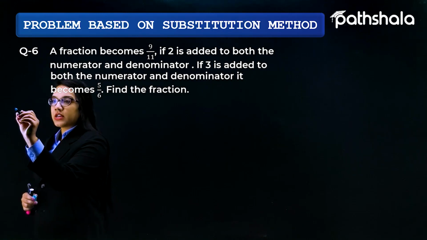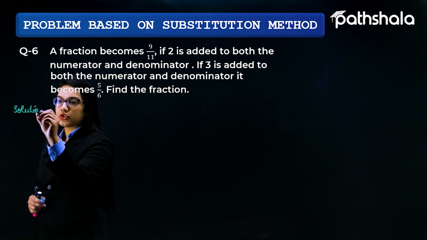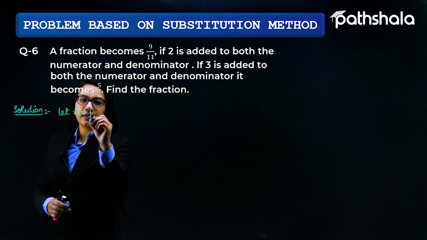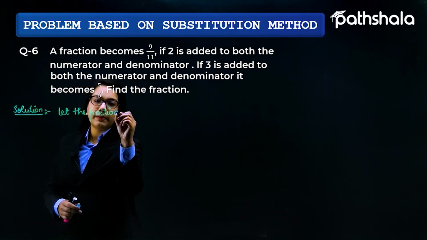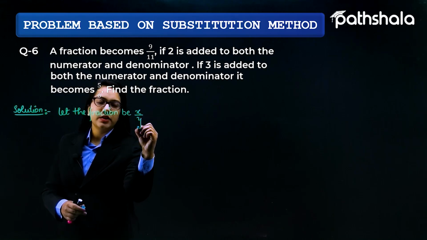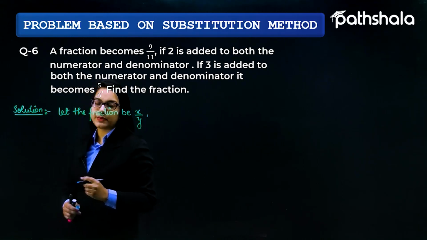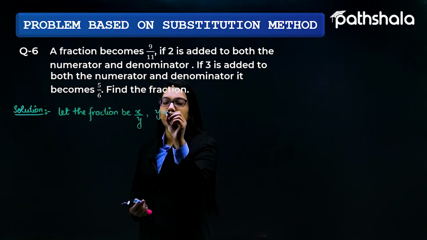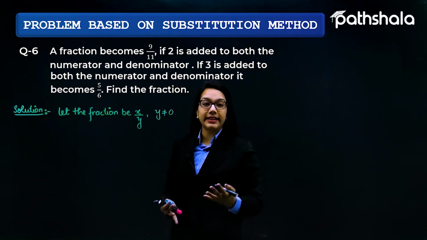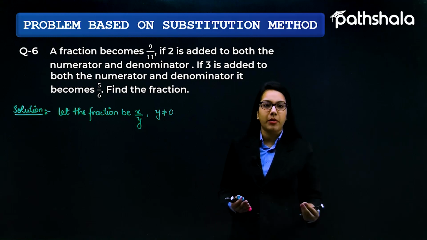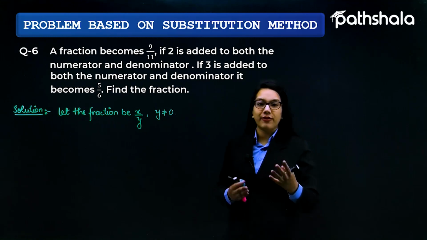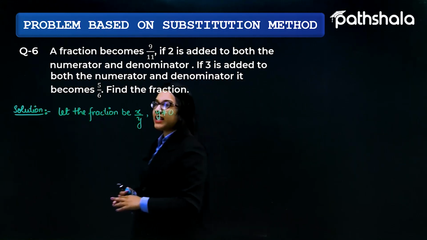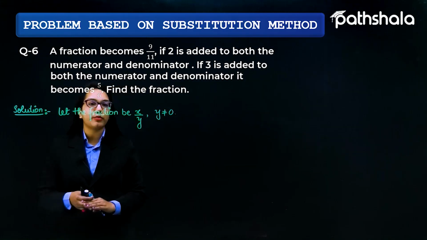So let the fraction be x by y, with the condition obviously that y cannot be 0, as this is the necessary definition of any rational number: if we are taking any rational number or fraction of the form p by q, then q cannot be equal to 0. So let the fraction be x by y such that y cannot be equal to 0.